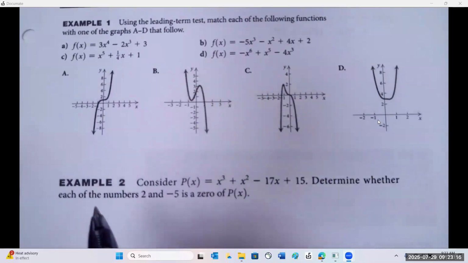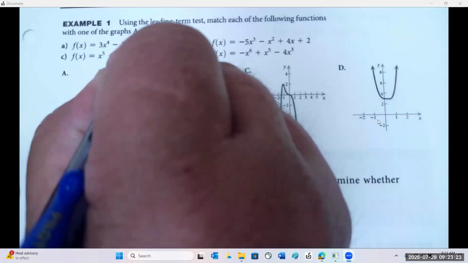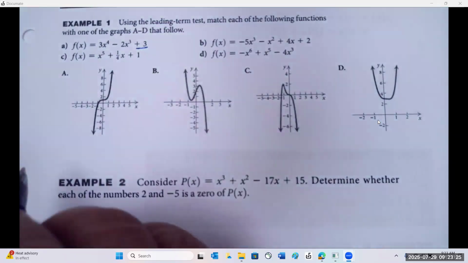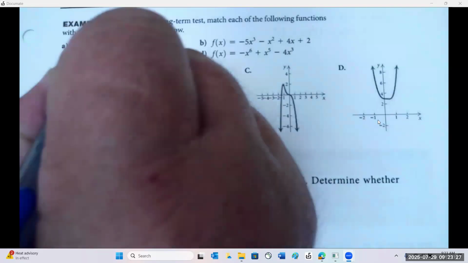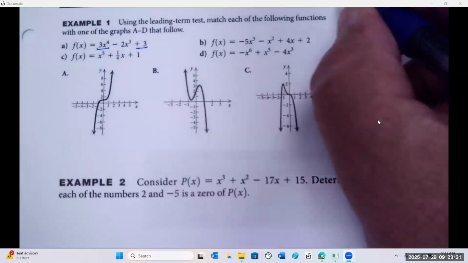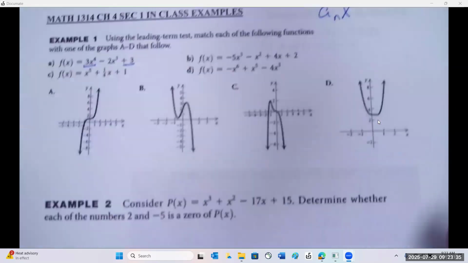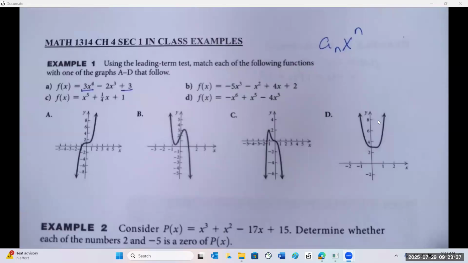What part of a function do you look at to tell the graph? Well, that's one thing. Look at the number on the back. The whole leading term. The leading term tells us a lot. We talked about it for the last 2 chapters. The behavior, the leading term, the end behavior chart.